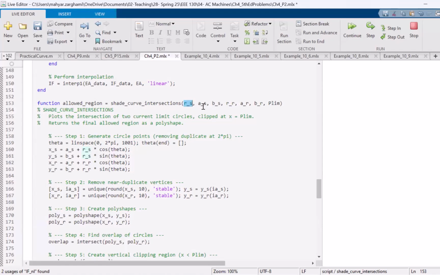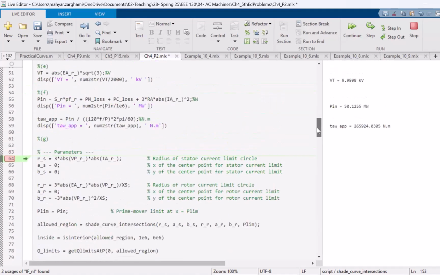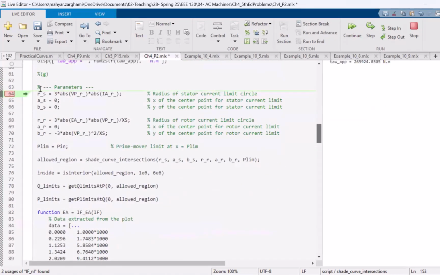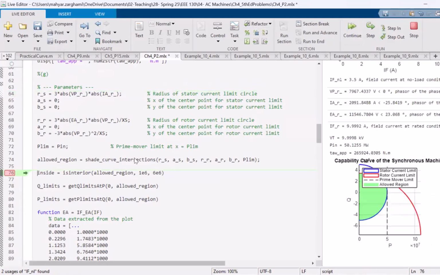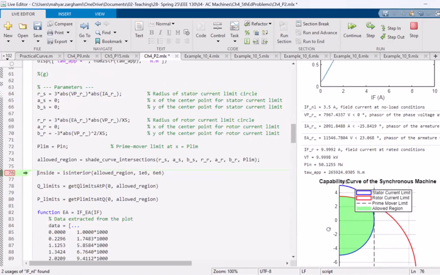This is the radius of the stator limit, center of the stator limit, radius of the rotor limit, center of the rotor limit, and P limitation of the prime mover. You give it, and it gives you just that, basically the shaded region. Now I'm going to go over, when I'm finding all of these centers and radius values, just use that in the function. It gives you that whole thing.